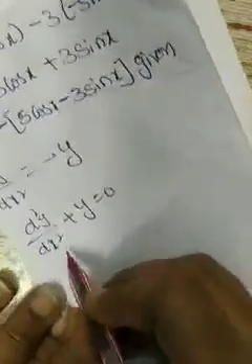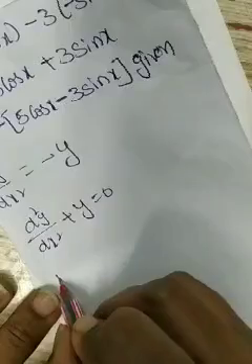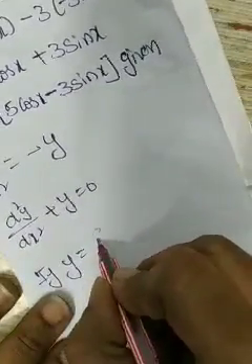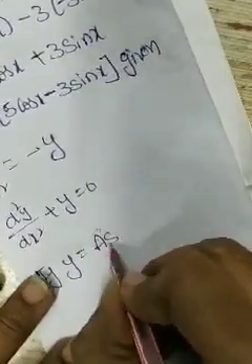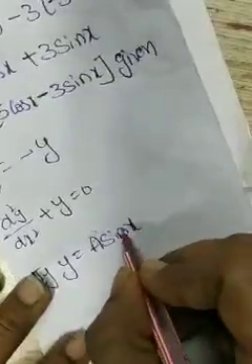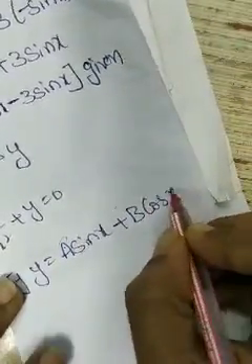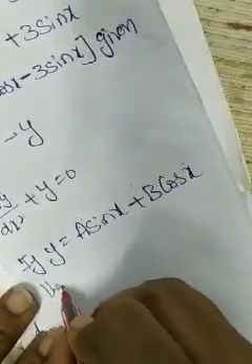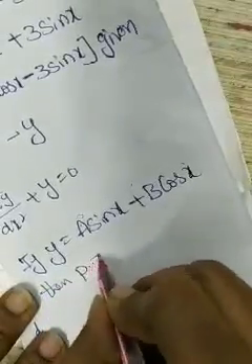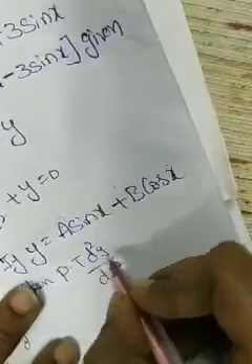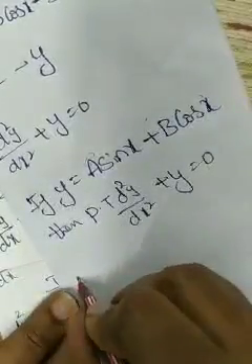Next, let us do one more problem, a simple problem. If y is equal to a sin x plus b cos x, then prove that d square y by dx square plus y is equal to 0.